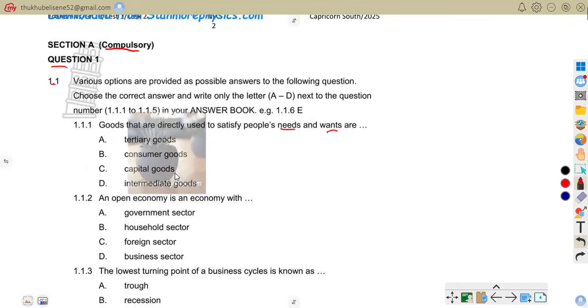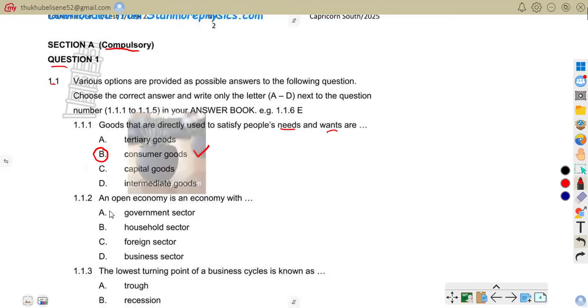The correct answer is B, consumer goods. Consumer goods are the goods bought by people for personal use to satisfy needs and wants, for example, buying bread or a cell phone for your own use. Hope you're together with me.